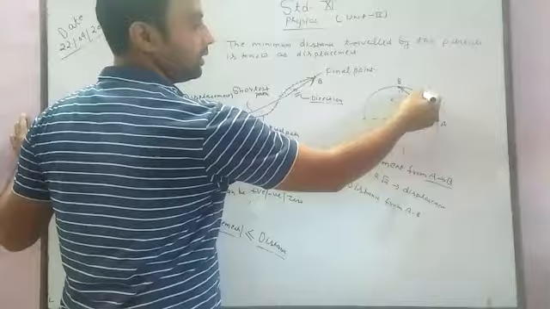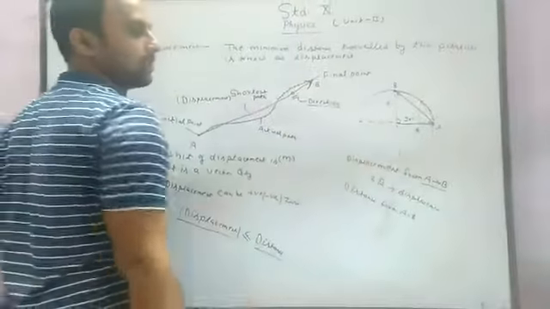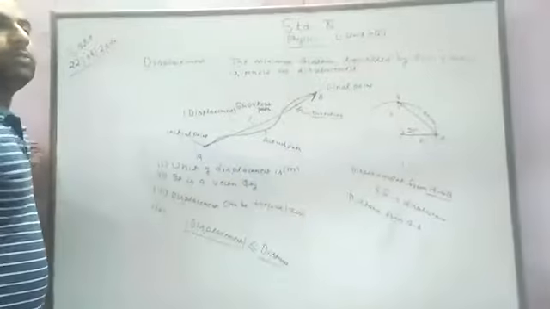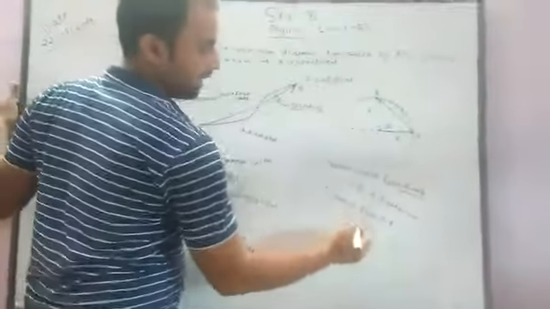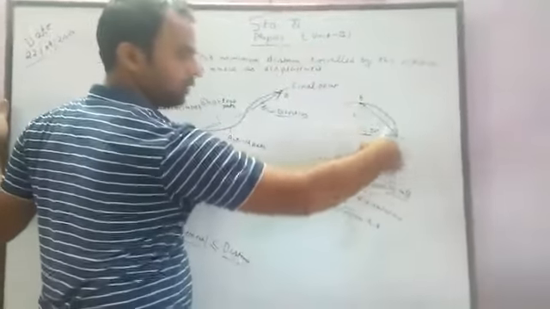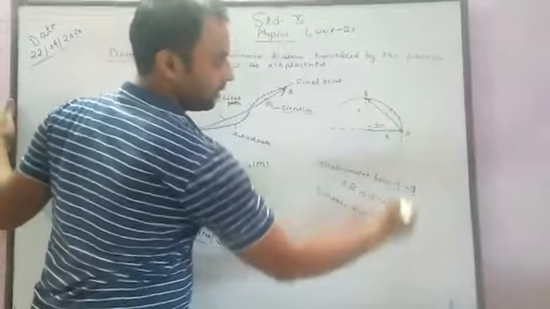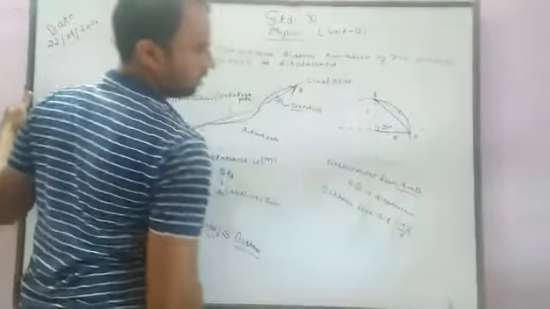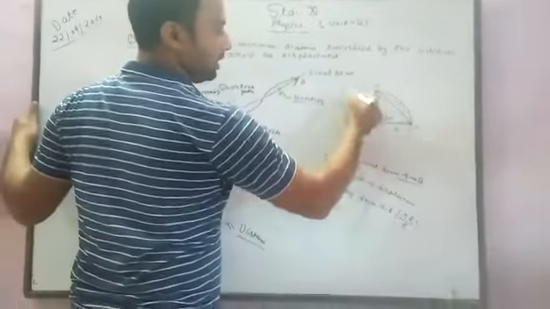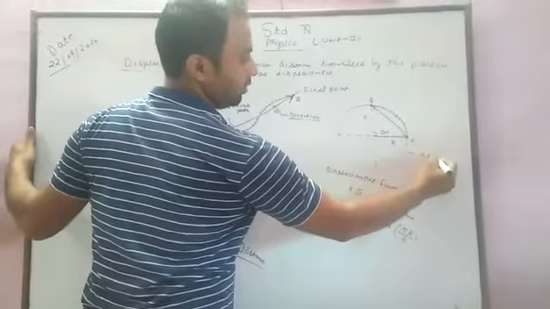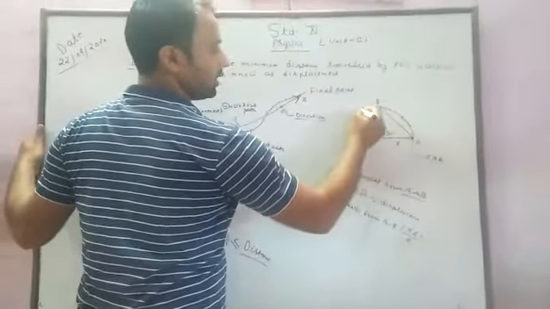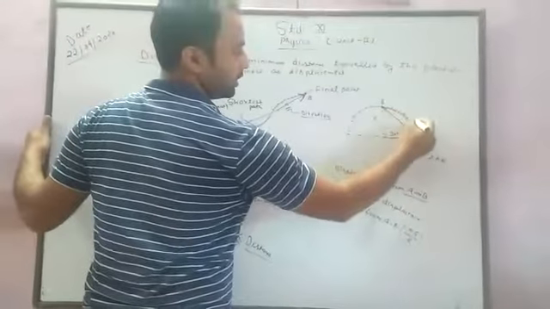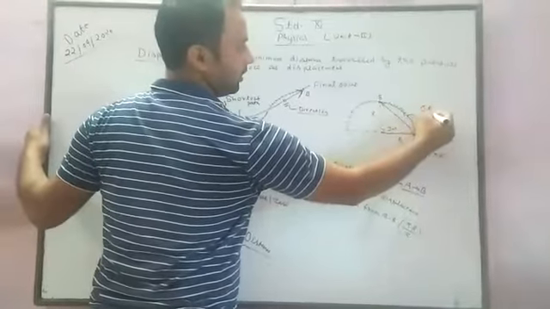Complete circle revolve is 2 pi r, and half circle revolve is pi r, and this is pi r by 2, because this complete distance is 2 pi r and half distance is pi r, and pi r by 2, this is the distance.